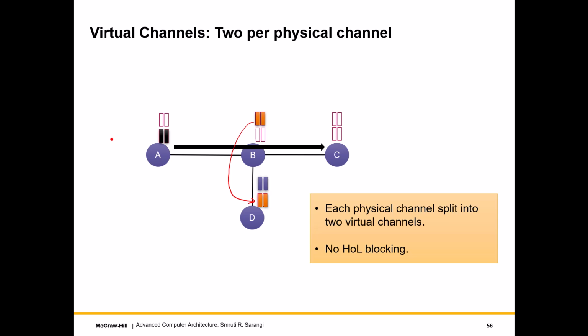But the black flits will have a different virtual channel and they can simply move and go from A to C, which means that by splitting a physical channel into virtual channels, we are avoiding head of the line blocking. This is why I have written no HOL. HOL means head of the line blocking.